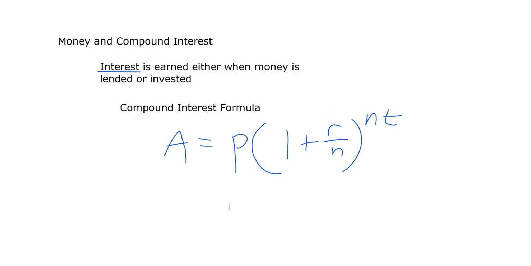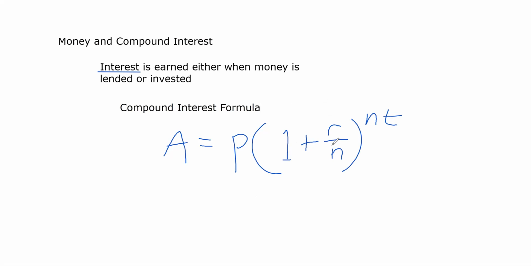A equals P, open parentheses, 1 plus R over N, that is an N, raised to the N times T power.